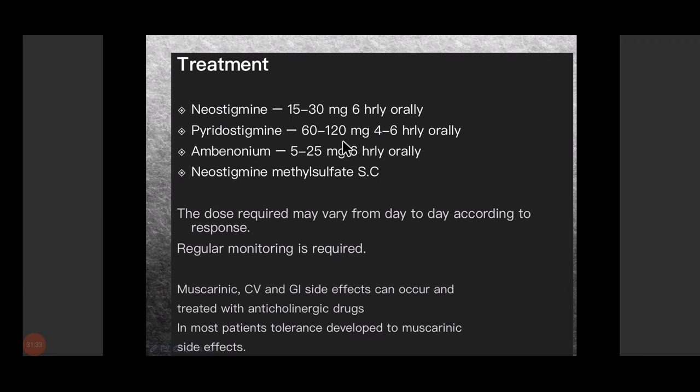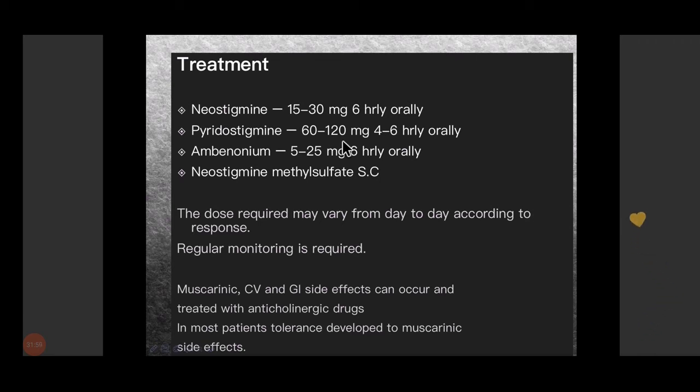They act by increasing the cholinergic strength. The dose required may vary from day to day according to the response, and regular monitoring of the patient has to be done. When you do this, muscarinic, cardiovascular and gastrointestinal side effects can happen, and if they happen, they will have to be treated with anticholinergic drugs.